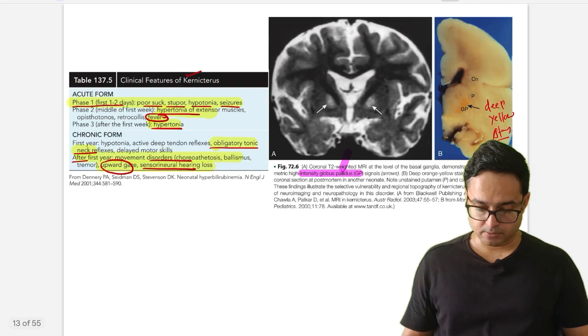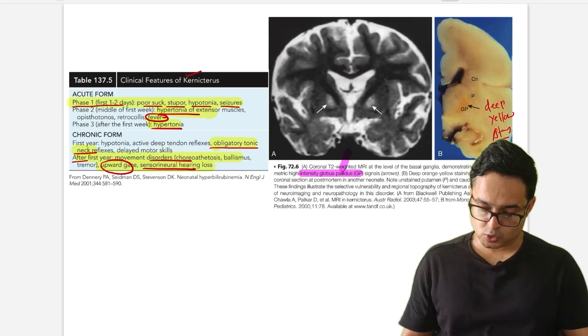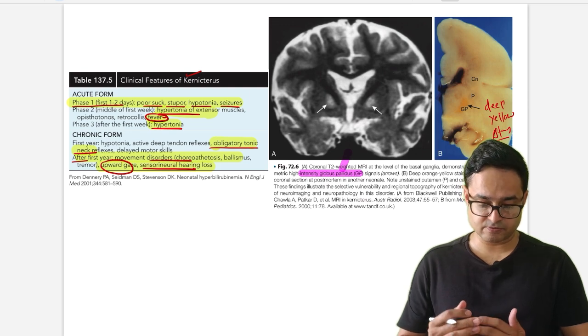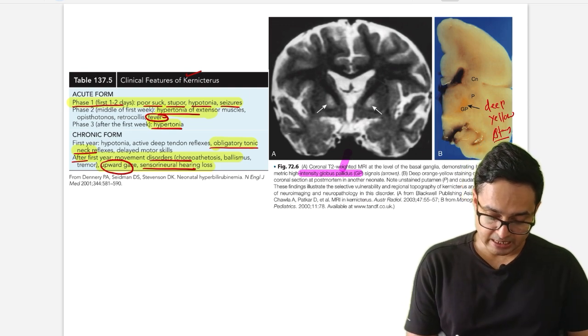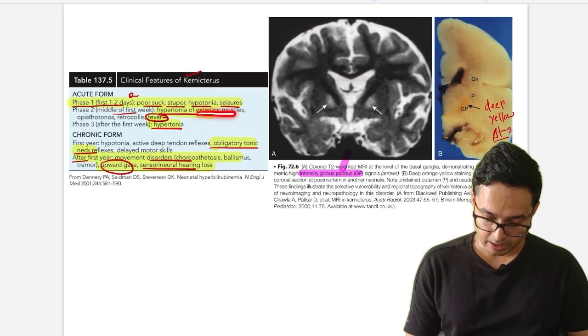Okay, so now the clinical features of kernicterus. This is important, that's why I'm discussing. This is from Nelson. Phase 1 lasts from 1 to 2 days, which leads to poor suck, stupor, hypotonia, seizures. Phase 2, middle of the first week: hypertonia of extensor muscles, opisthotonus, fever. Phase 3, after the first week: hypertonia.